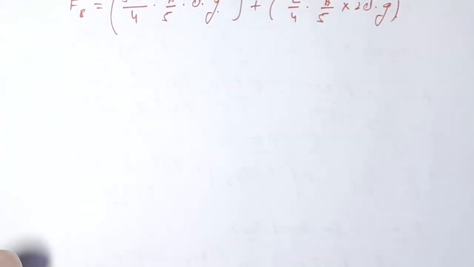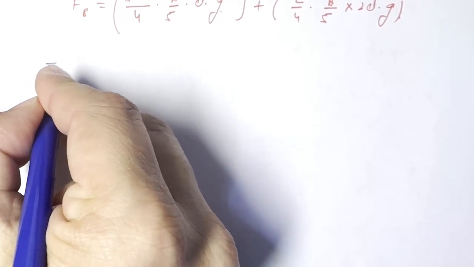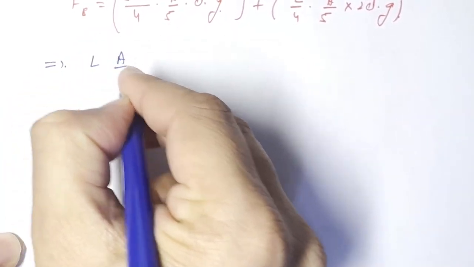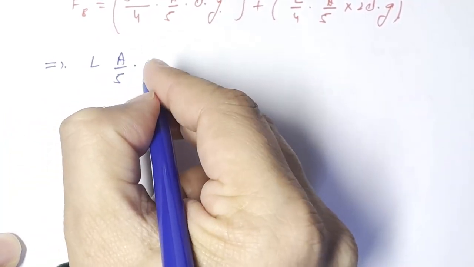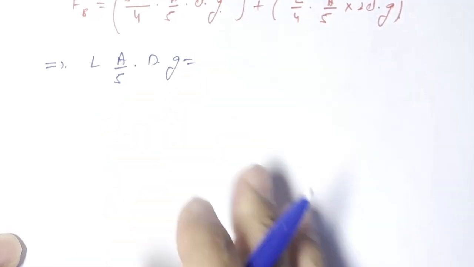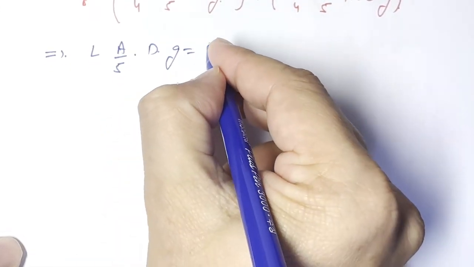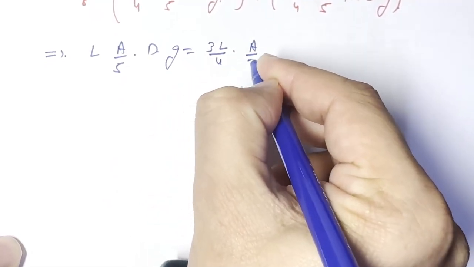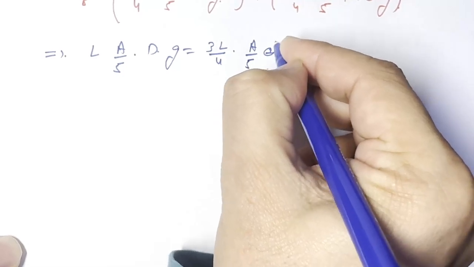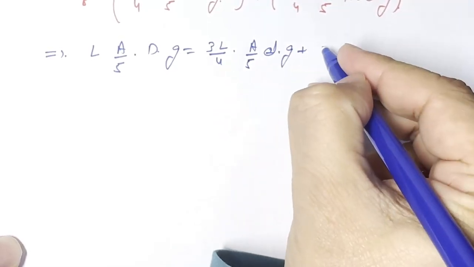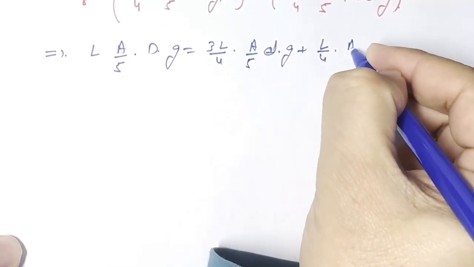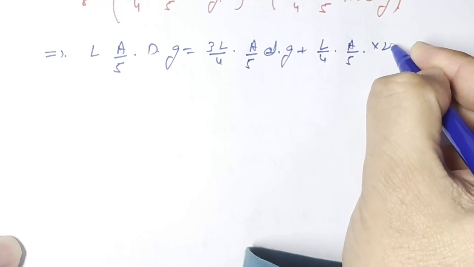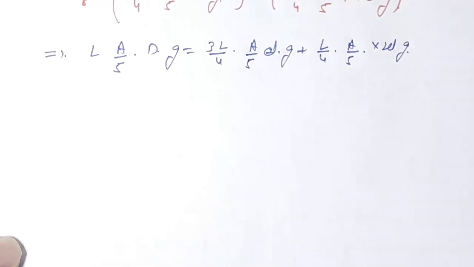So we can write that our weight, L A by 5 D multiplied by G, will be equal to 3L by 4 A by 5 D multiplied by G plus L by 4 cross section area A by 5 multiplied by 2 D and G.